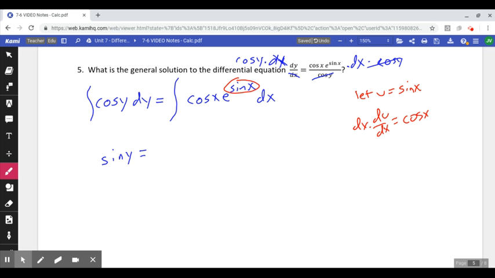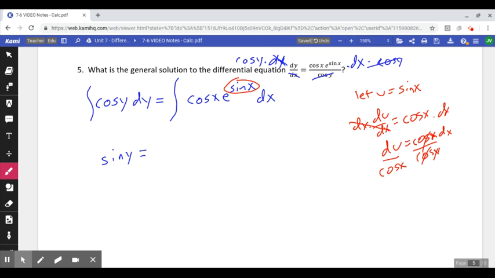Multiplying by dx on each side, I have du is equal to cosine x dx. And then I can also divide by the cosine of x on each side, if that helps. So I find dx being equal to du over the cosine of x.